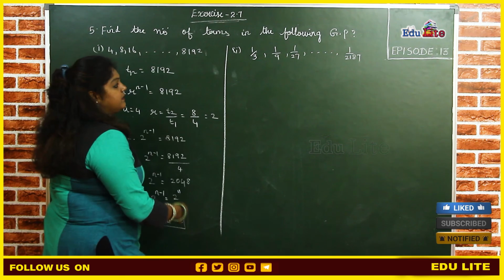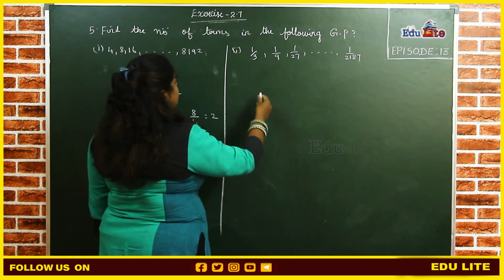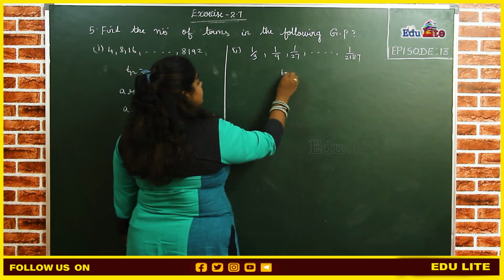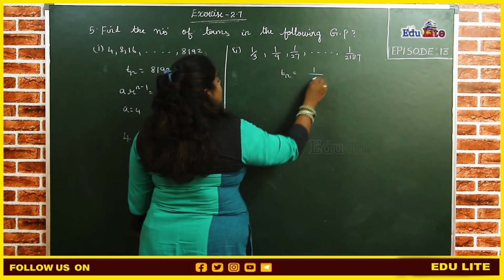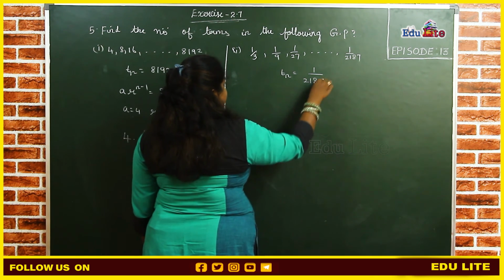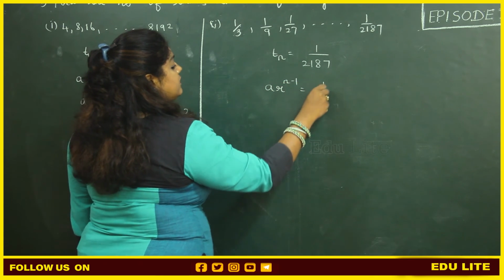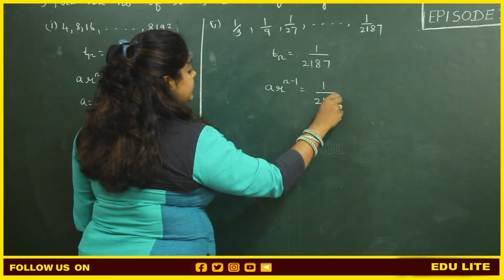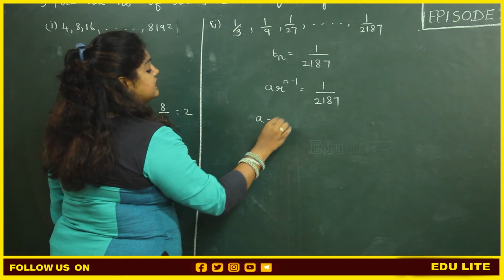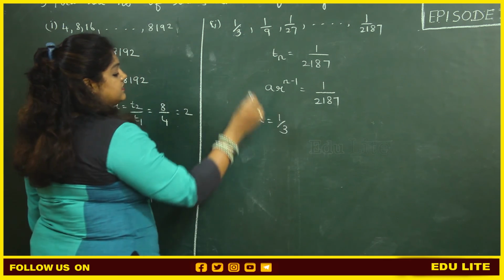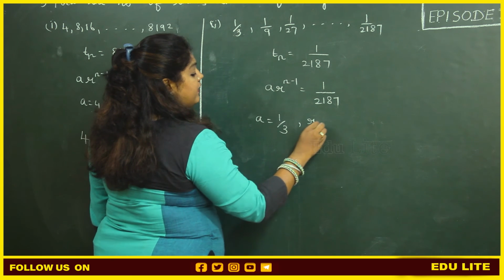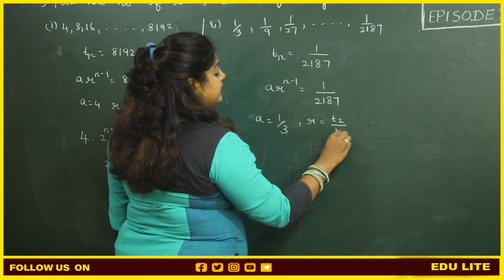We will follow similar steps for the second subdivision as well. So in this also we have the value of Tn is equal to 1 by 2187. The Tn formula is a r power n minus 1, which is equal to 1 by 2187. The a value in the sequence is 1 by 3, which is the first term. The r value can be found by using T2 by T1.